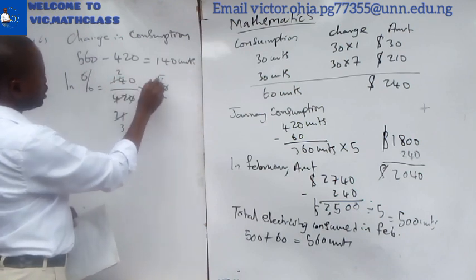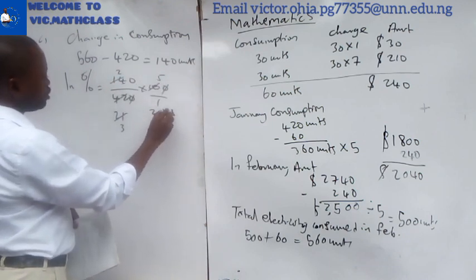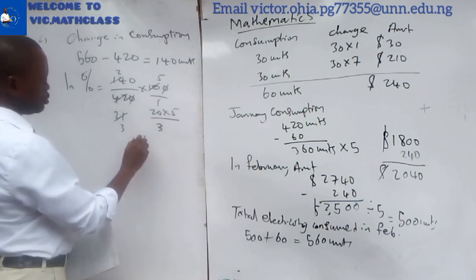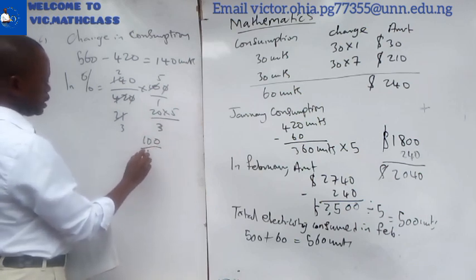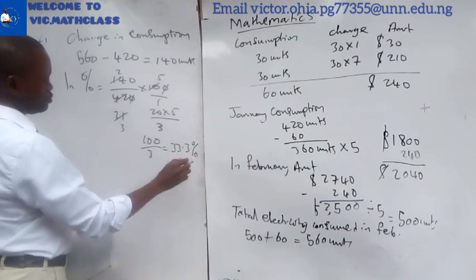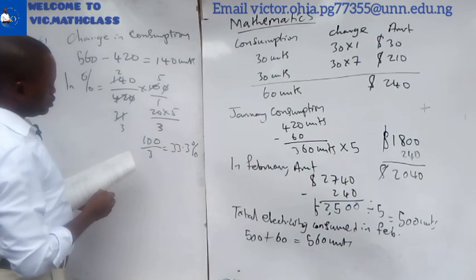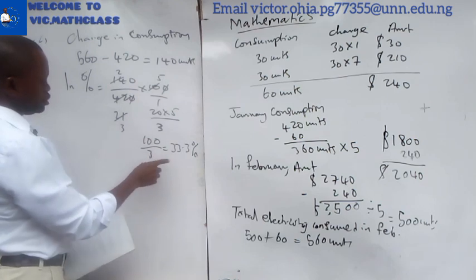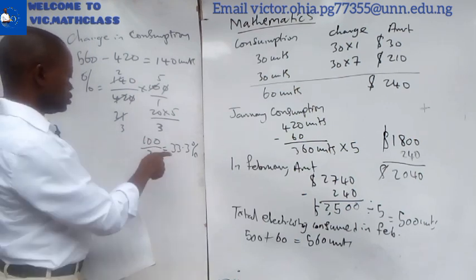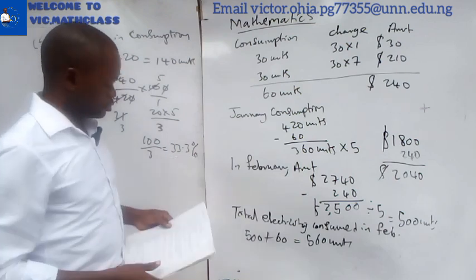So I have 20 times 5 over 3. So this is going to give me 100 over 3, which is 33.3%. 3 into 10 is 3, 3 into 10 is 3, 10 point, remainder 3. So that's a recurring decimal anyway.